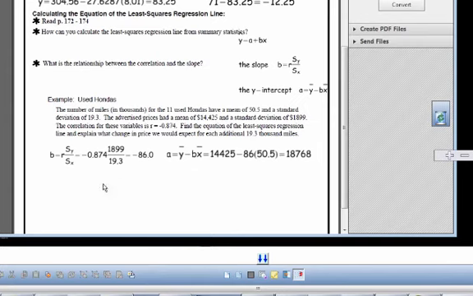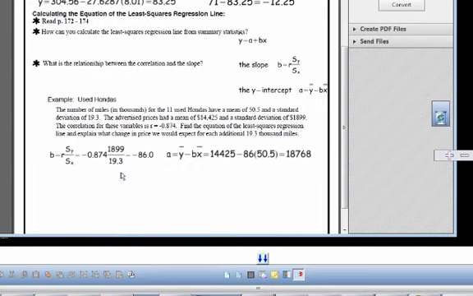What this is saying is that for each additional 19.3 thousand miles, we expect the car price to go down by 0.874 times $1,899.